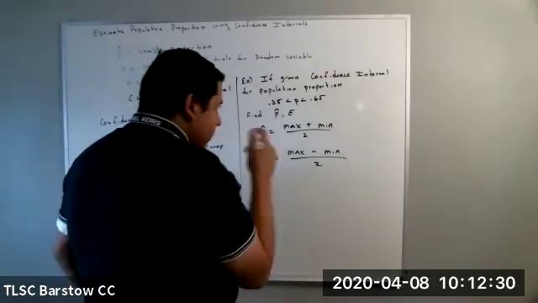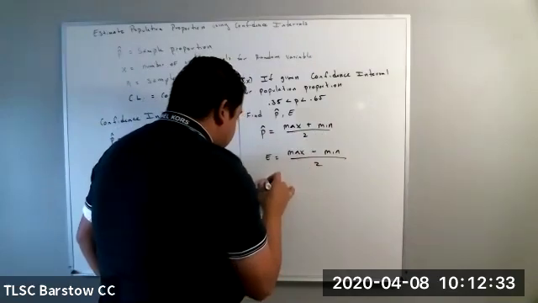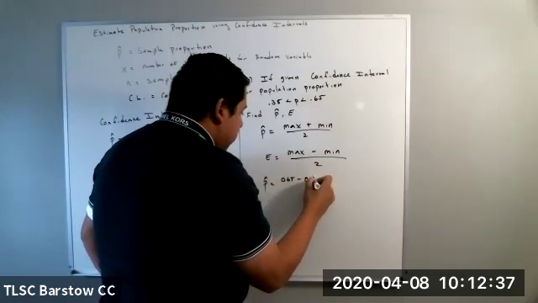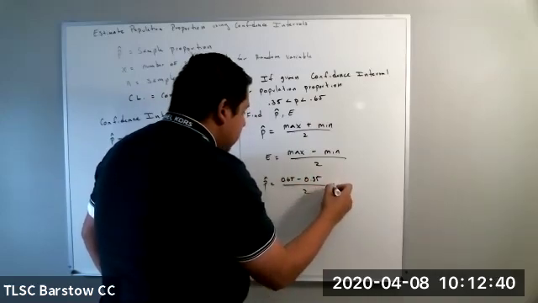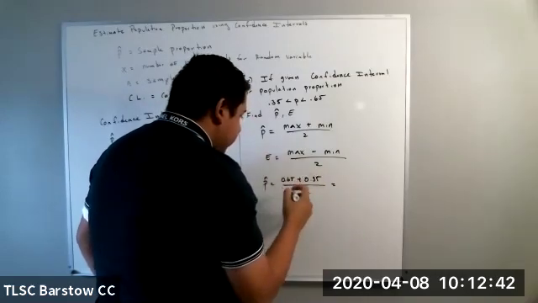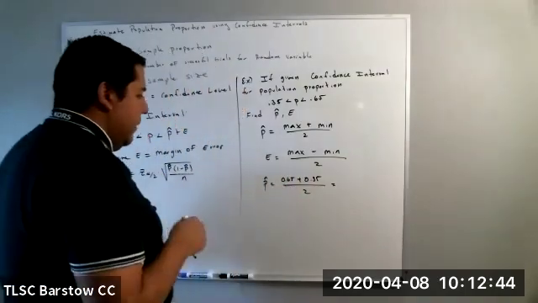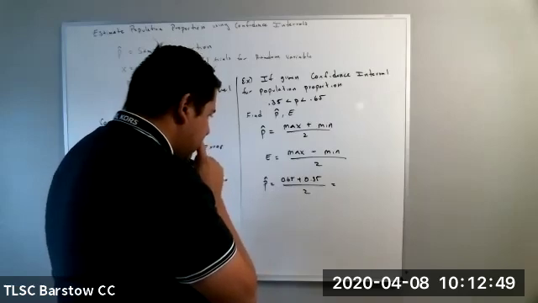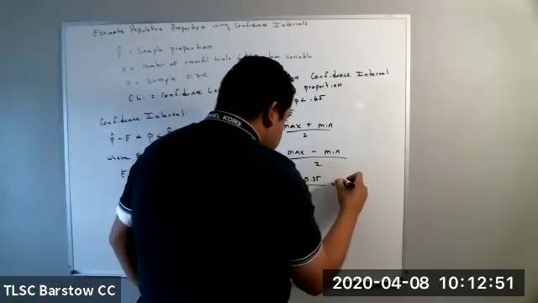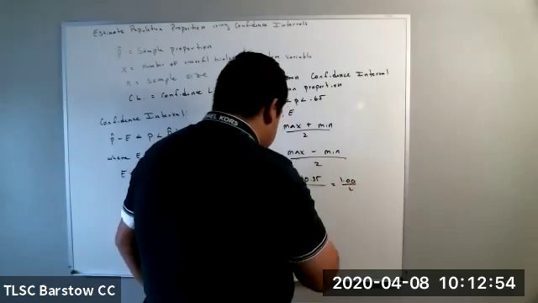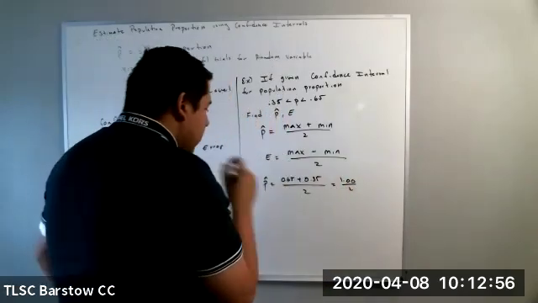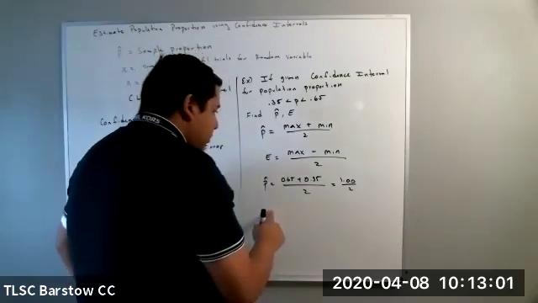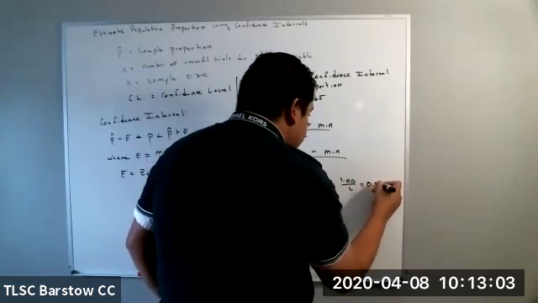So then here, P hat equals max 0.65 plus 0.35 divided by 2. That should be 1.00 divided by 2, and that should be 0.5.